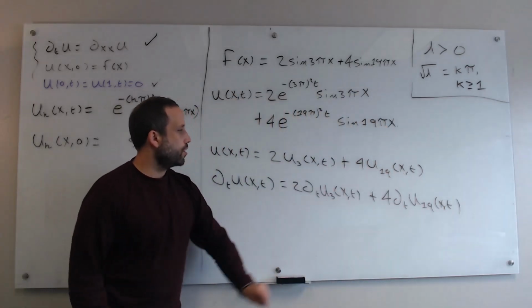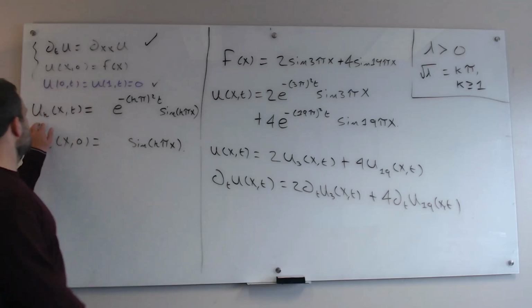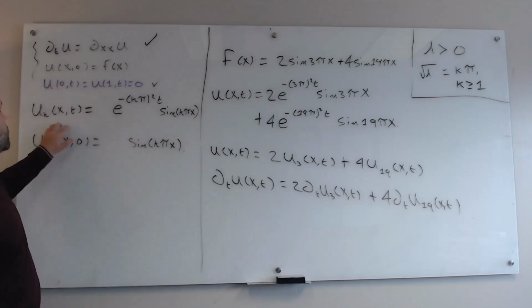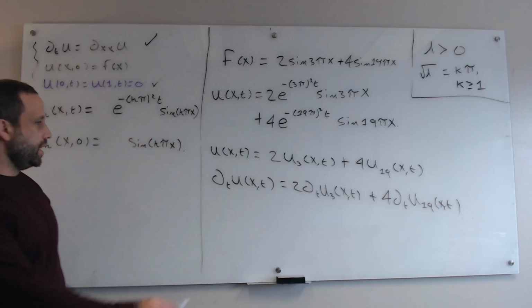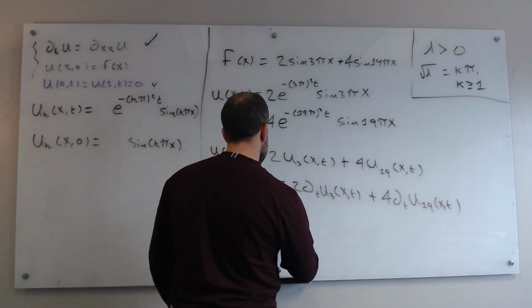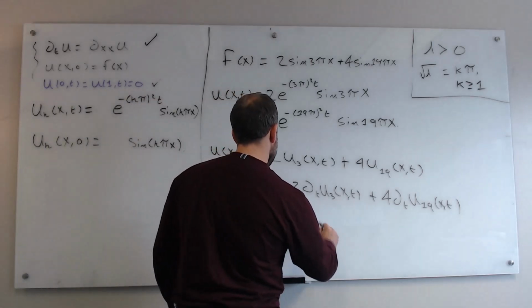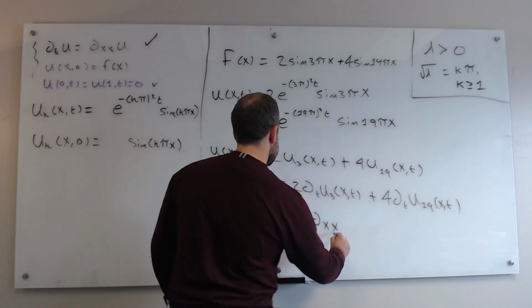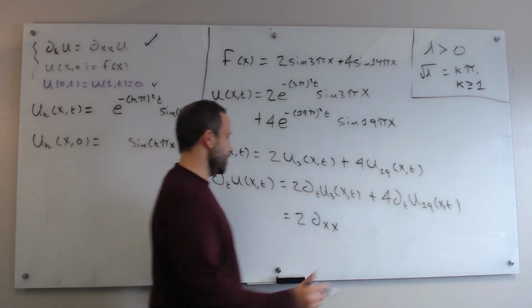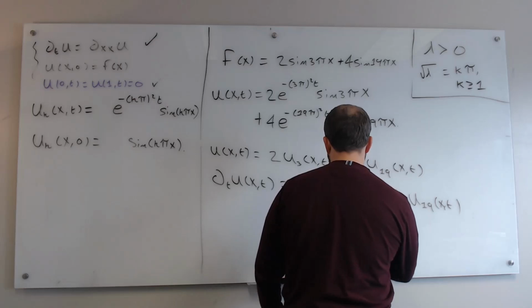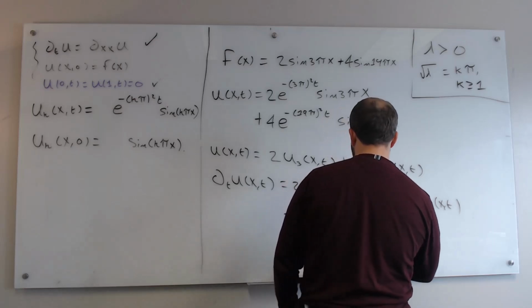But what do we know about u_3 and u_19? Each one is one of these u_k's, meaning it's a solution to the PDE. So this is equal to 2 times the double x derivative of u_3. I'm going to stop writing the arguments because it's getting too tedious.